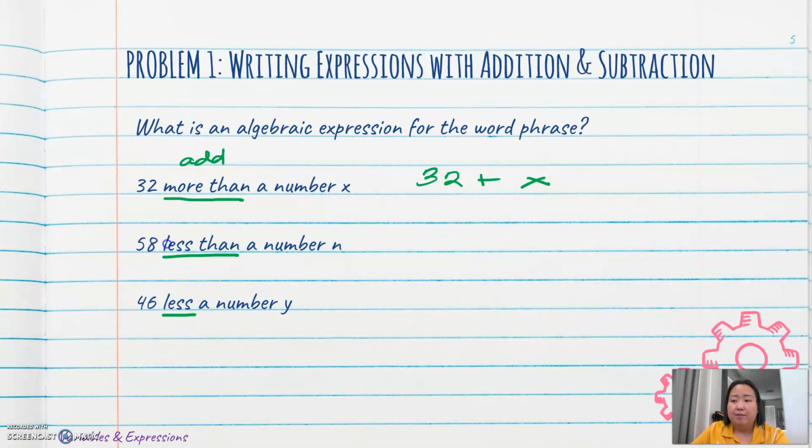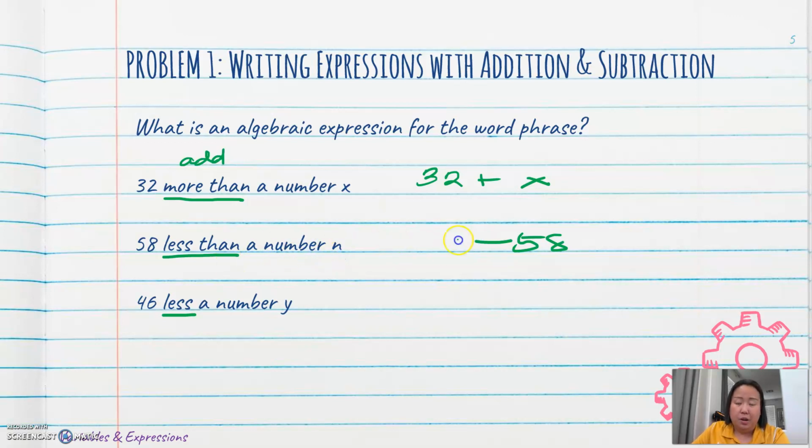So if we have the word less than, it simply means that the variable or number that is appearing in front of or before the words less than is the one to be subtracted. So because we have 58 less than, that would mean that we are to subtract 58 from where?